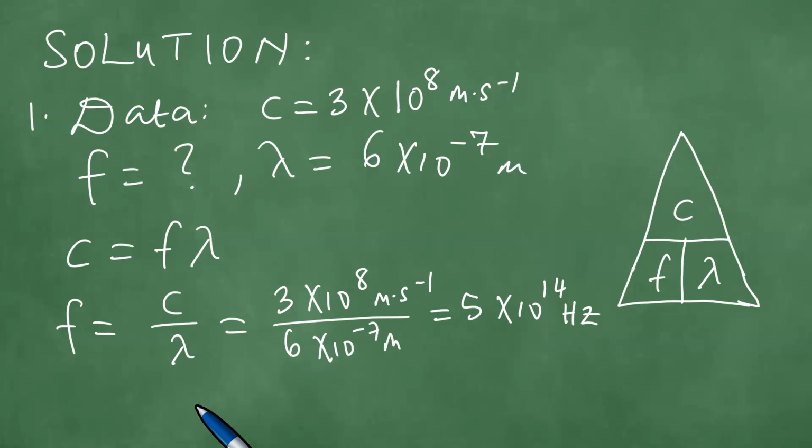Right, so we have then 6 times 10 in the denominator to the power minus 7. Yeah, like that. Okay, so we continue.